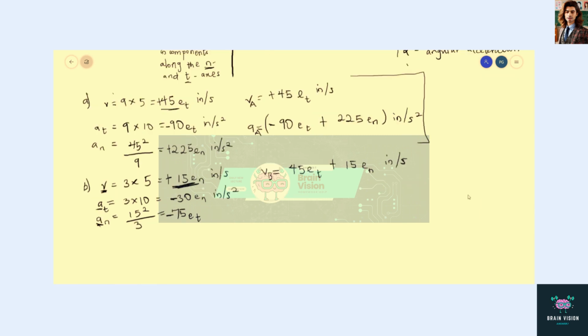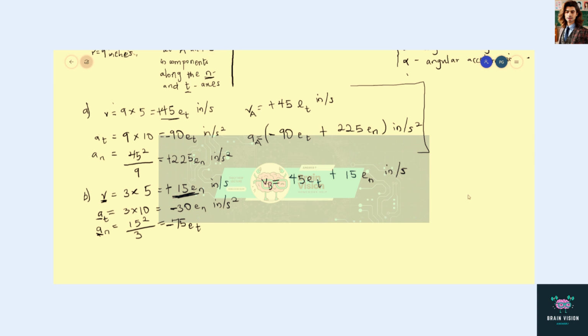So finally, to find the acceleration at point B, we need to add these two together, and we're also adding it with the one we calculated earlier. So we're doing minus 90 et, and let's do this so we can collect like terms: minus 75 et, and then the en terms, minus 30 en and then plus 225 en.